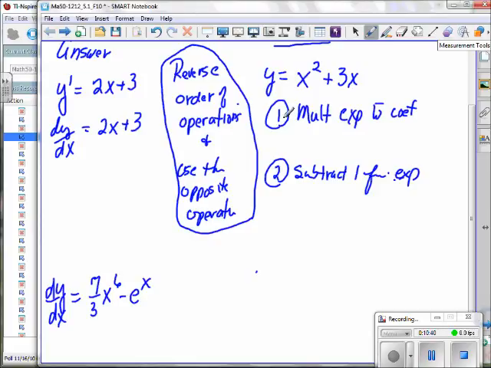On the first one, the order in which to take the derivative is, as we said, we multiply the exponent with the coefficient, and the second thing we do is subtract 1 from the exponent. What are we actually creating with this little Jeopardy game?